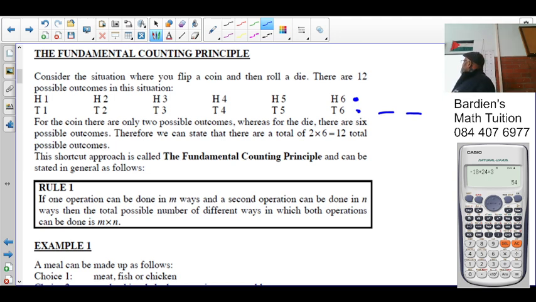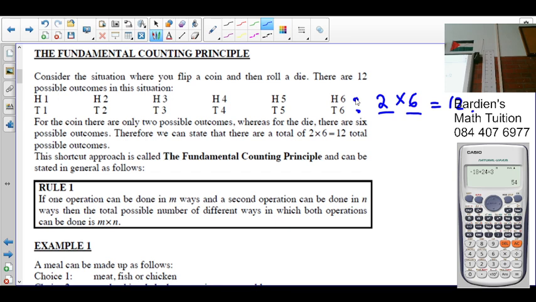If you're looking at tossing a coin, how many outcomes are there? 2, which is heads or tails. How many outcomes are there on a die? 6. So 2 times 6 is 12. So we don't have to write all of the outcomes out to establish how many outcomes there are in total. You guys understand?